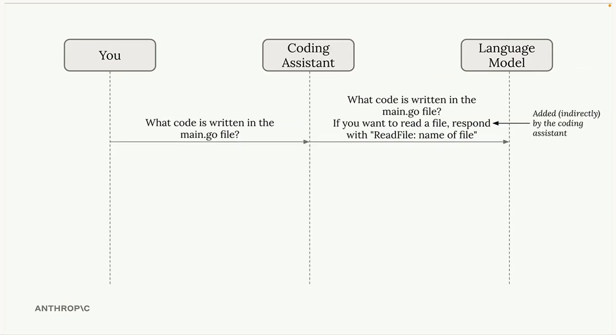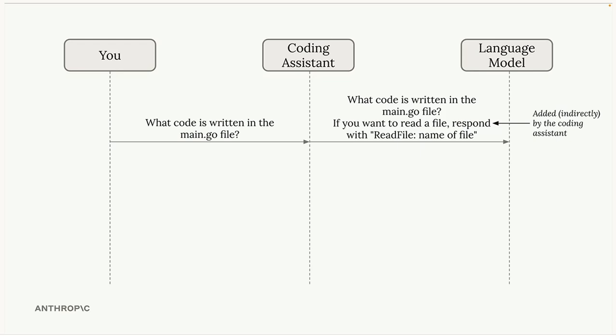So let me show you what coding assistants and many other tools out there do to actually allow a language model to quote unquote read a file. So here's what happens. Whenever you send a request off to your coding assistant, the coding assistant behind the scenes is going to automatically append a lot of text into your request.